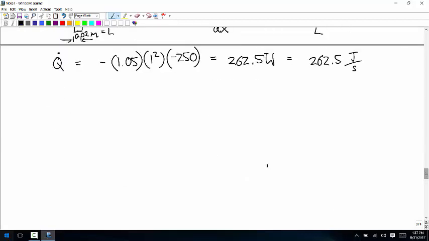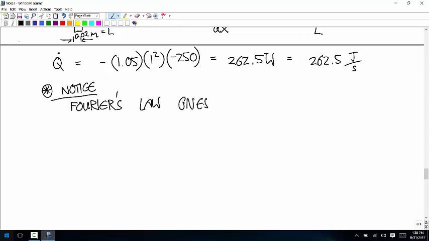One thing to be careful with this conductivity equation and with all of these heat transfer equations is that Fourier's law gives the transfer of heat, or the time derivative of the heat, in the direction of increasing x.